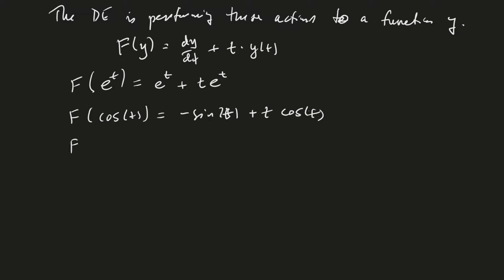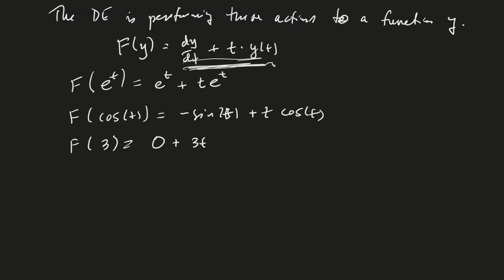And what does f do to a constant function 3, for example? Well, f of 3 is going to be 0, which is the derivative of 3, plus 3t. Good. And so this is the action of our operation, right?